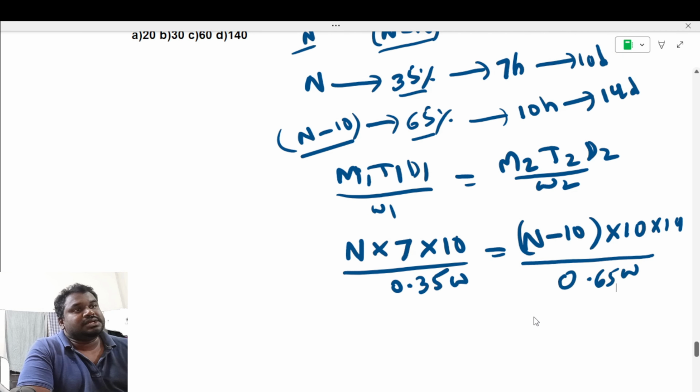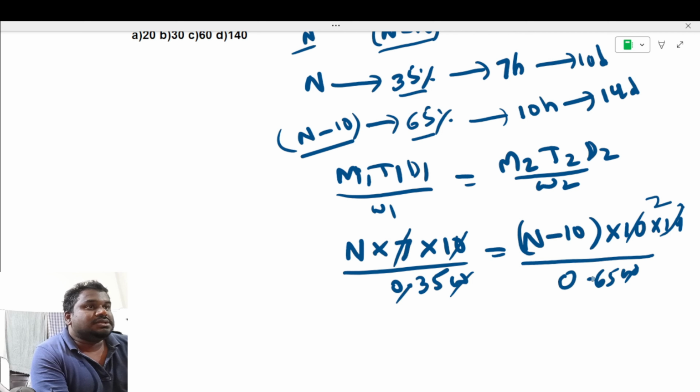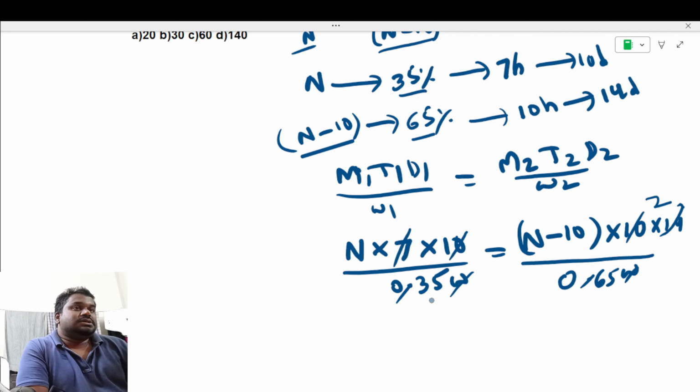So here you can cancel the things: W gets cancelled, 10 gets cancelled, 7 ones are 7, 7 twos are 14. Now 5 sevens are 35 and 5 thirteens are 65.